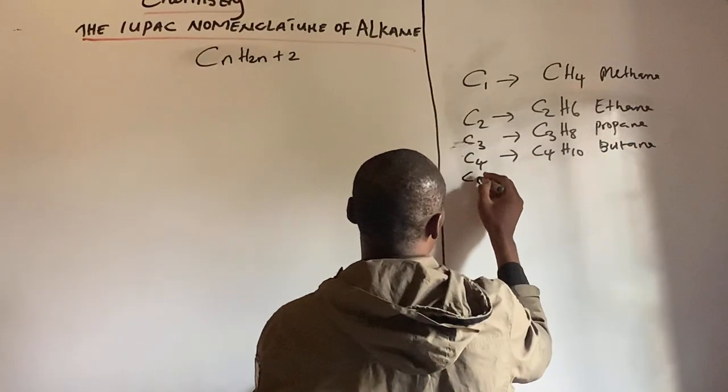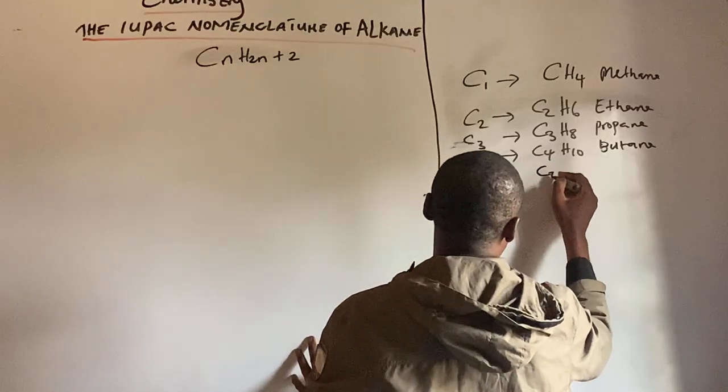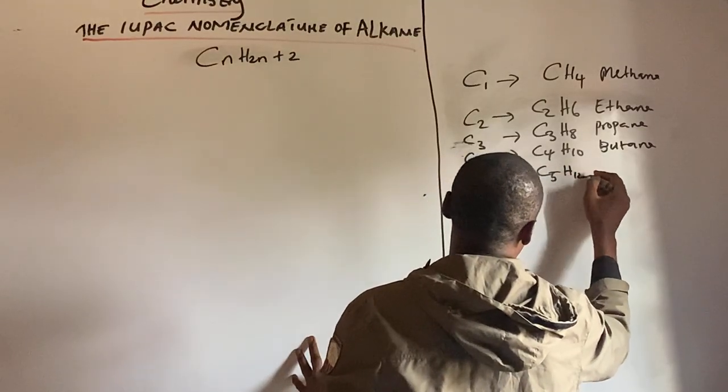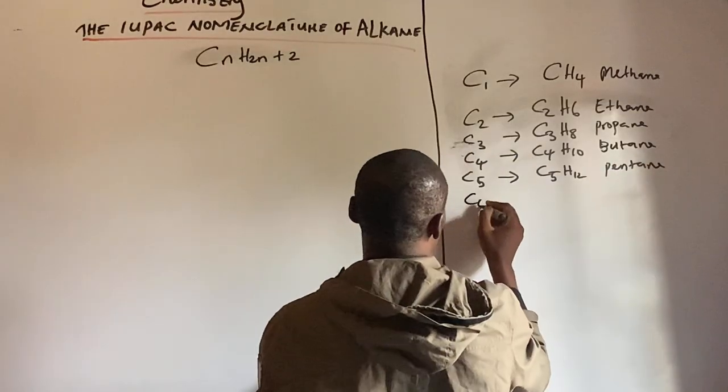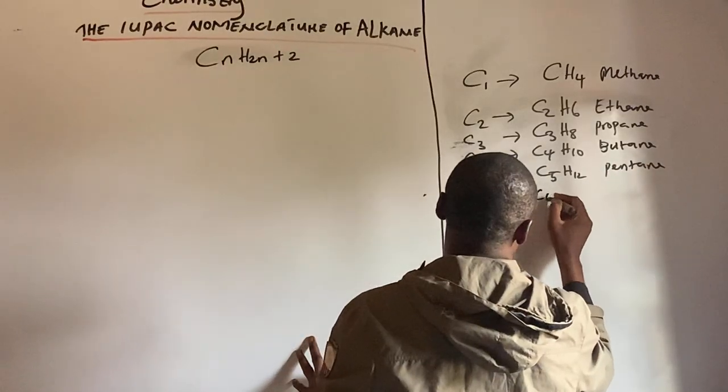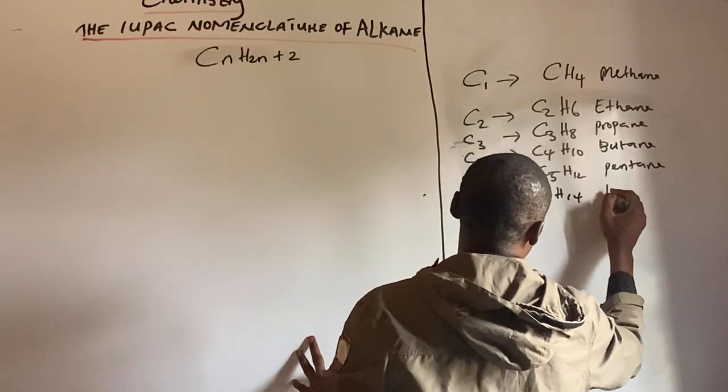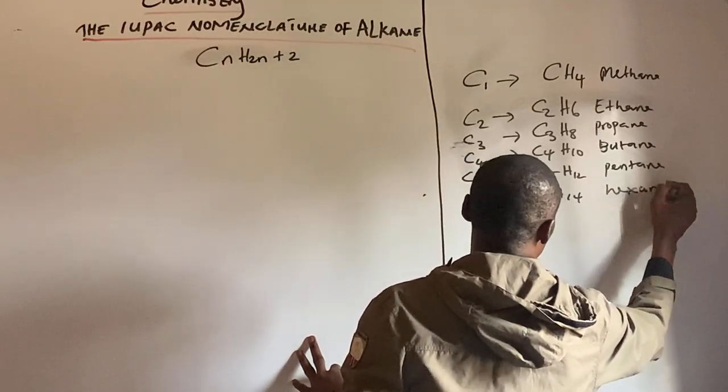Then carbon 5, which is C5H12, is known as pentane. Carbon 6, C6H14, is hexane. Carbon 7, which is C7H16, is known as heptane.